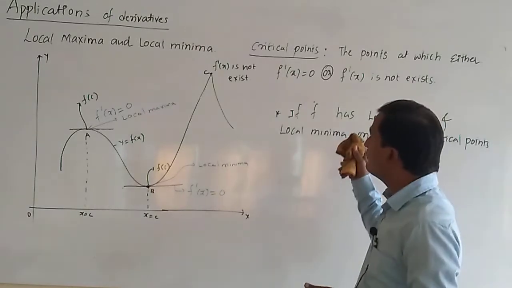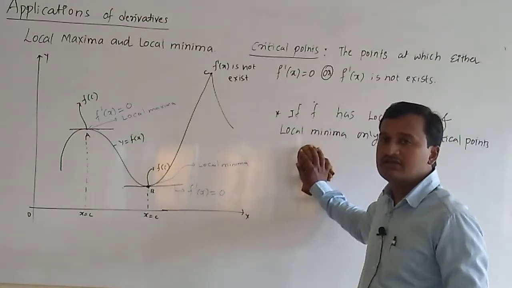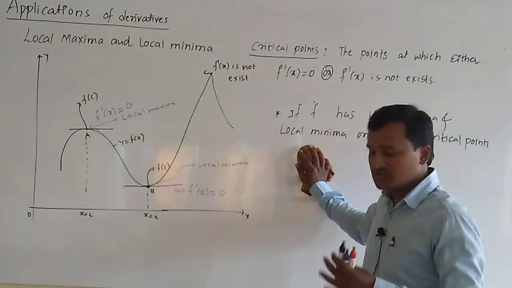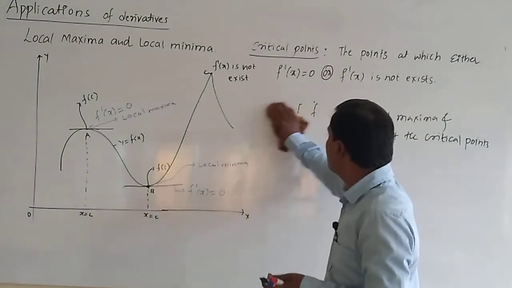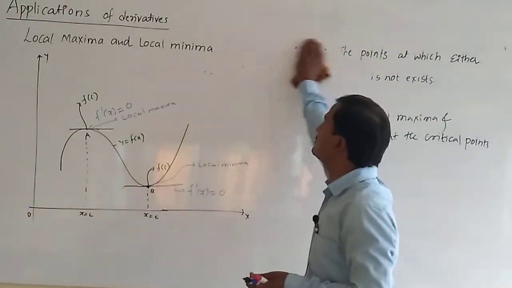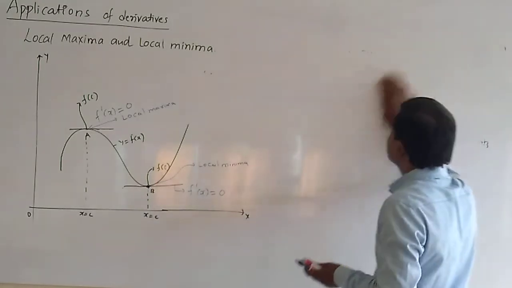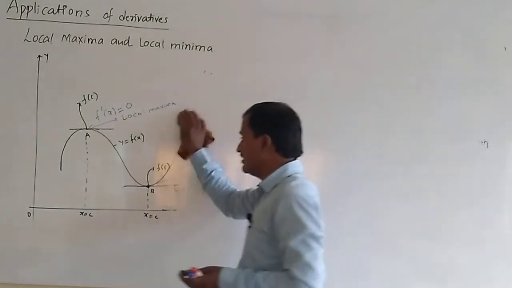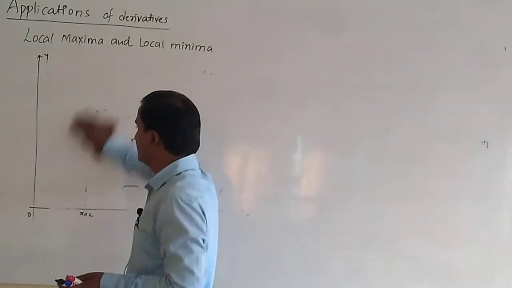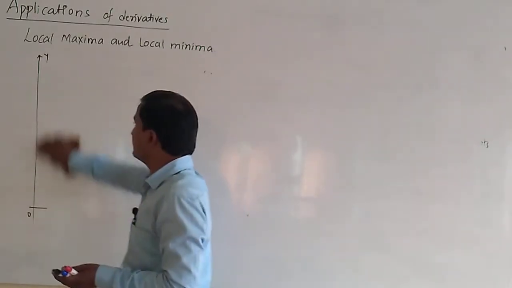Now, by using the critical points, I will go to the first derivative test. That is the application of the derivative to check whether the given function has a local maxima or local minima. So we are going to discuss the first derivative test.